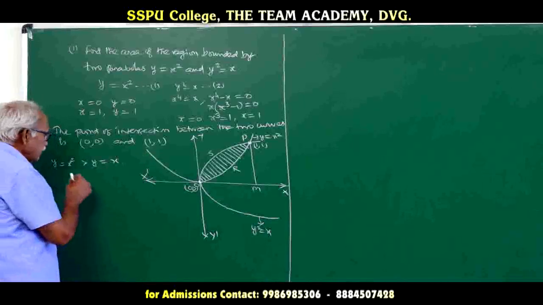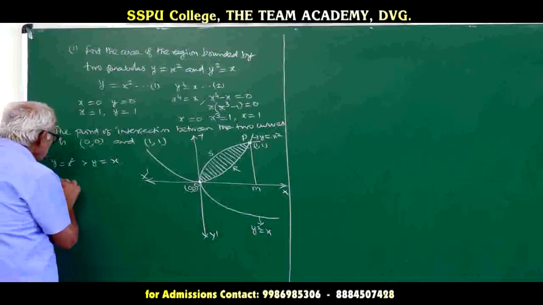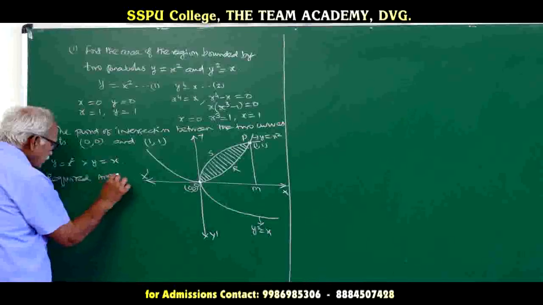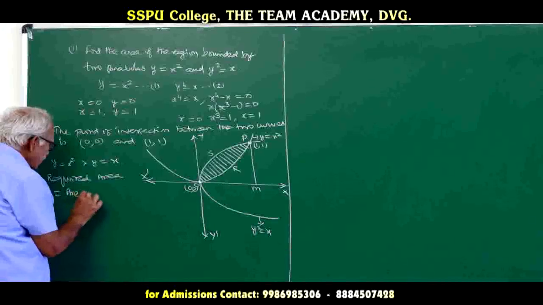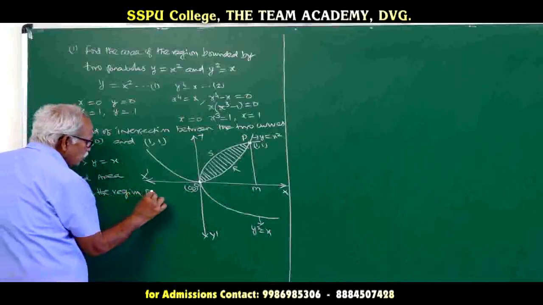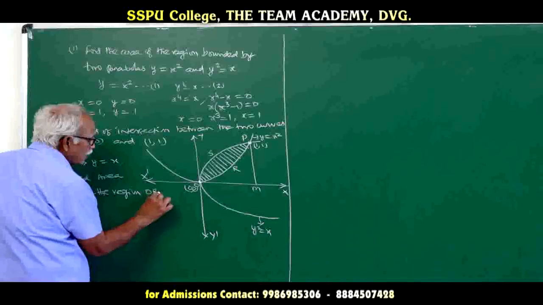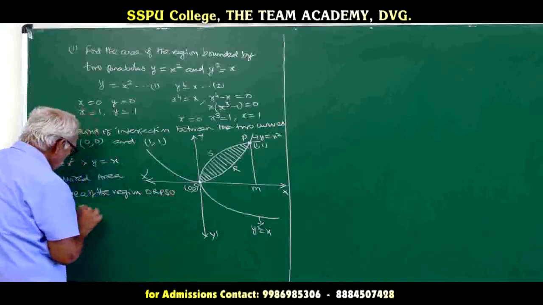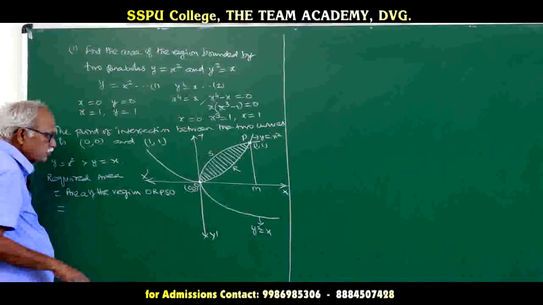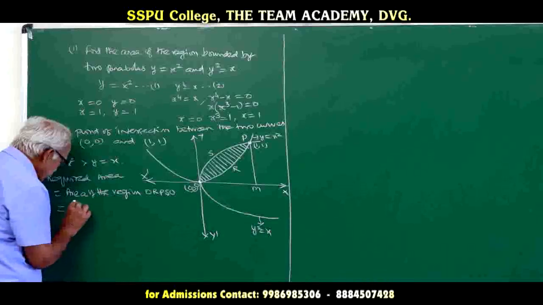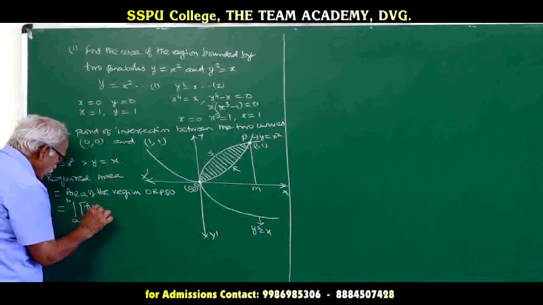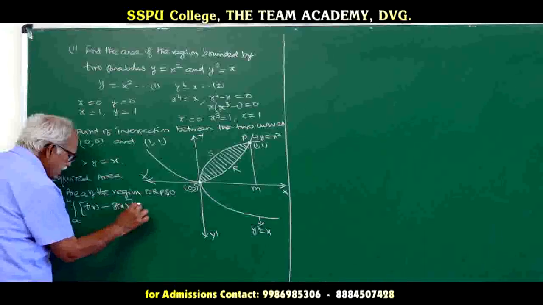Now, the required area is the area of the region ORPSO. This can be taken as upper curve minus lower curve. How to do this? The integral from a to b of f of x minus g of x into dx.